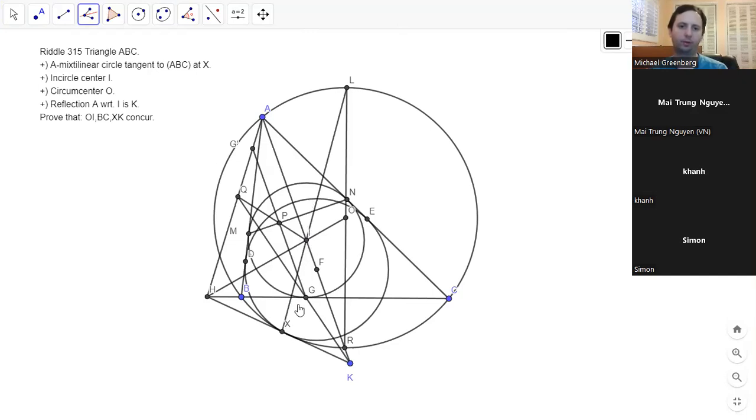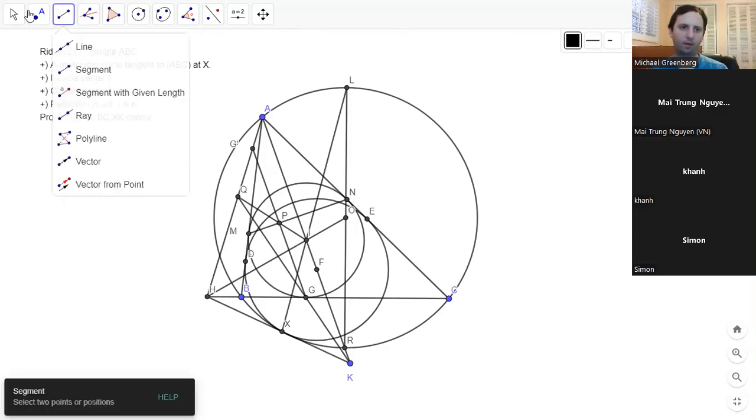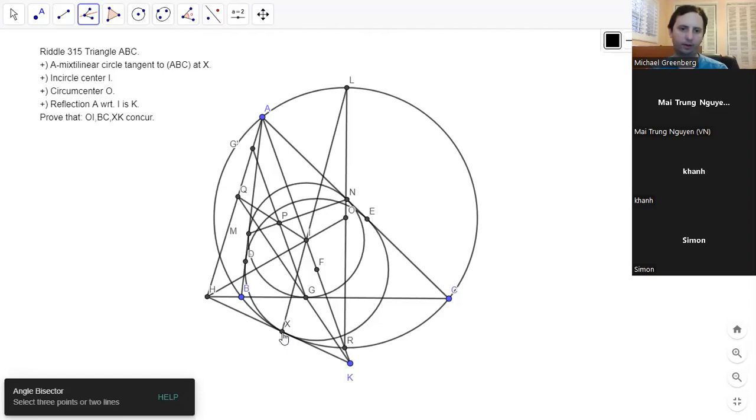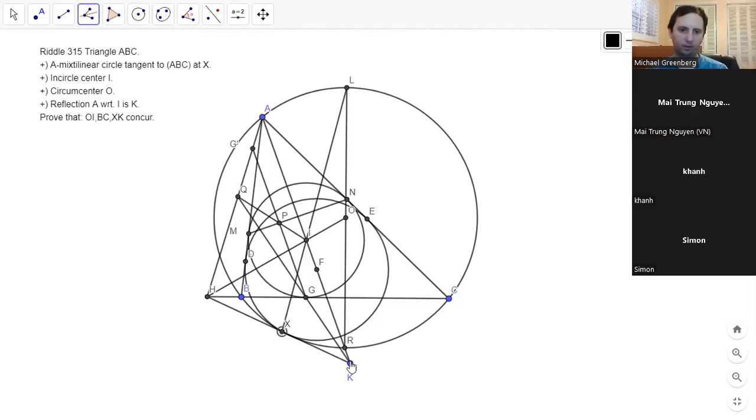We want to show, yeah, we want to show angle XGI is, so yeah, we could draw it like this. Yeah, we want to show I lies on that. I'm going to draw XG.